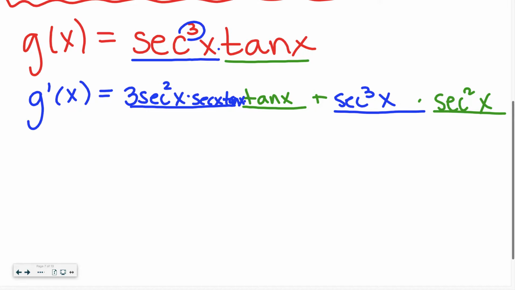That's why the derivative of tangent over here is secant squared x. I was just thinking it was tangent squared. Okay, yeah. The derivative of tangent is just plain old secant squared x. Is that what you're asking?